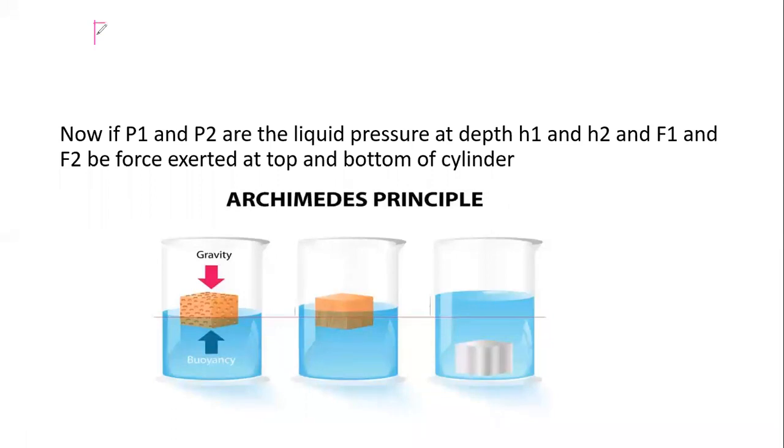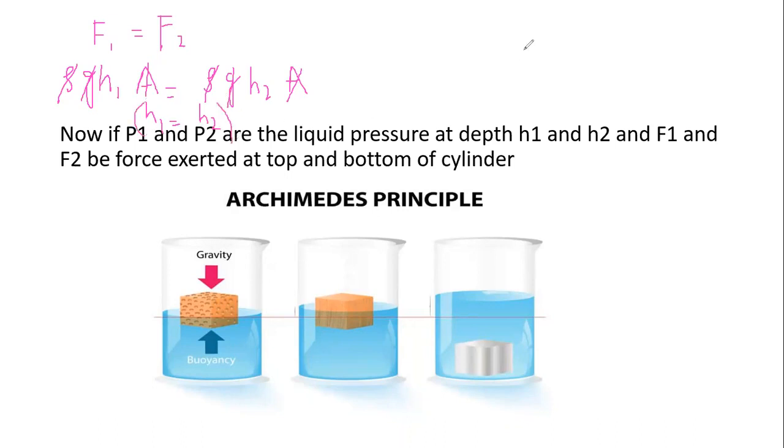For a perfect balance, F1 must be equal to F2. So what is the value? That is rho g h1 A equals rho g h2 into A. Rho g cancels out and area also cancels out. So h1 must be equal to h2.